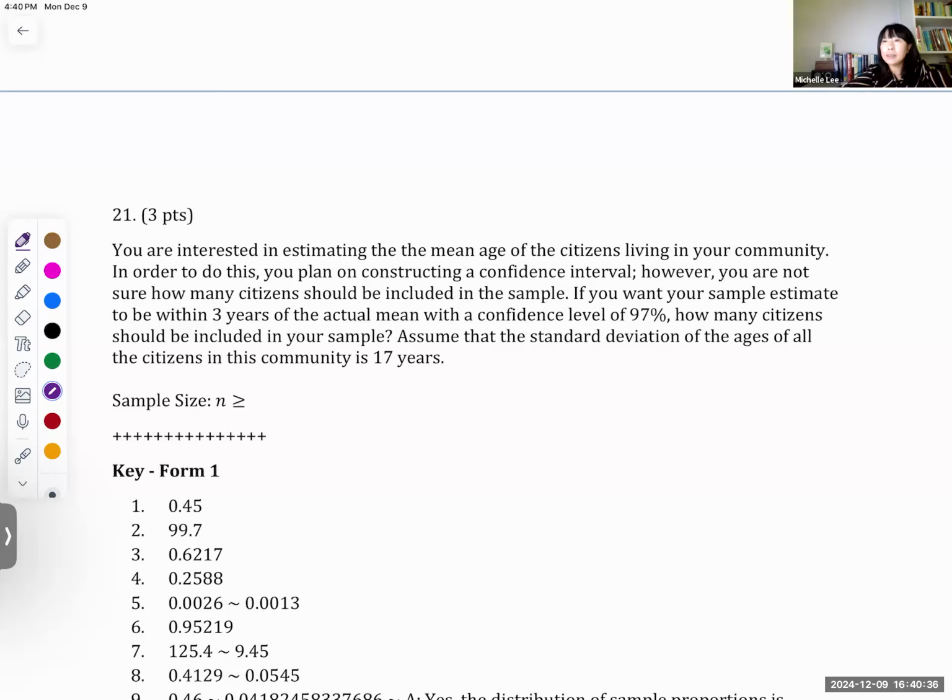Sample size. Yeah, we're looking for. Let's find out, is it related with a proportion or is it related with the mean, right? What they say, is it proportion or mean?